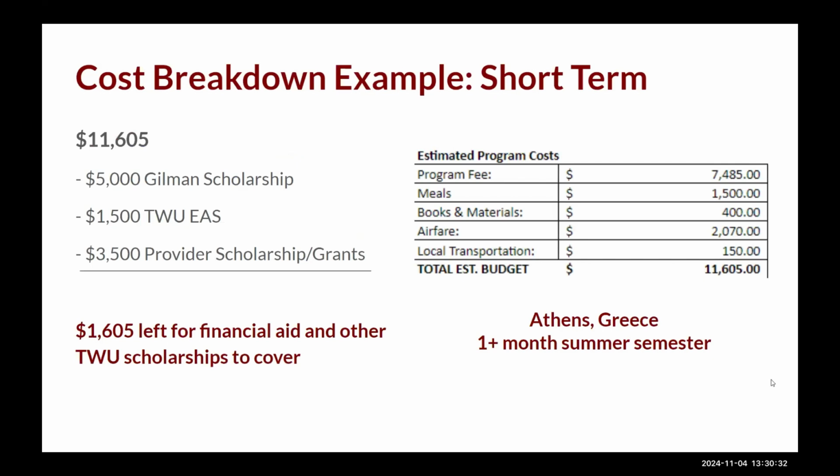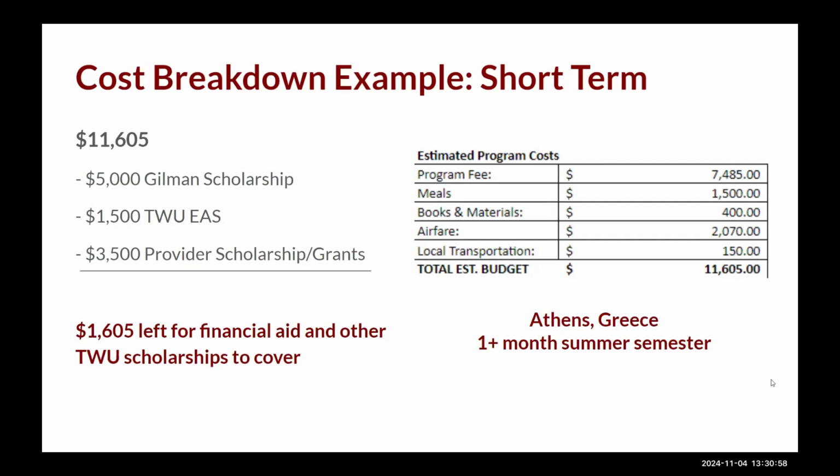Here's an example of a student who went to Greece over the summer, and the program fee with the provider was almost $7,500. Then thinking about the meals and books and airfare, local transportation, we had an estimated budget of $11,605. That's a little scary for a little over a month, that's a lot of money.